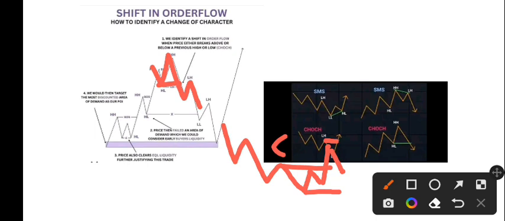Both of them are actually shift in market structure, but this is just how you can identify. So instead of being confused about why the market did not just go directly and break that place, why did it have to do like this? This is just how it is. Market is dynamic. It takes different forms, shapes and sizes. So this is just how it works. It's not like this is the only method.